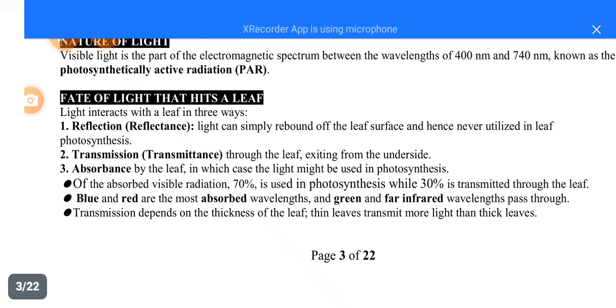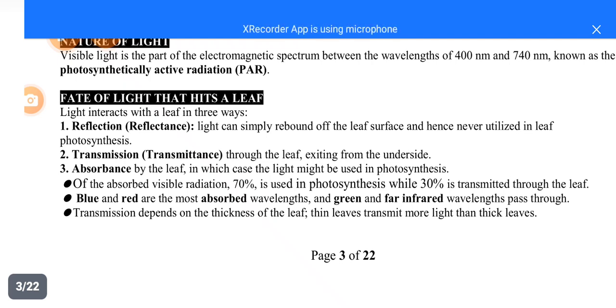Then below there they are saying that of the absorbed visible light radiation, 70% is used in photosynthesis, while 30% is transmitted through the leaf. Out of the 100% light which falls on the leaf, only 70% is absorbed and is going to be used in photosynthesis, while the 30% is transmitted through the leaf.